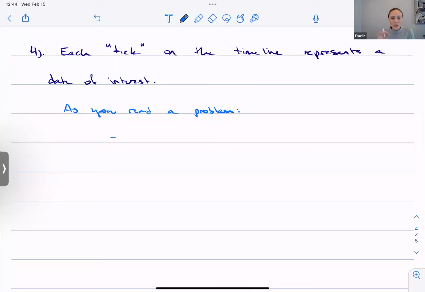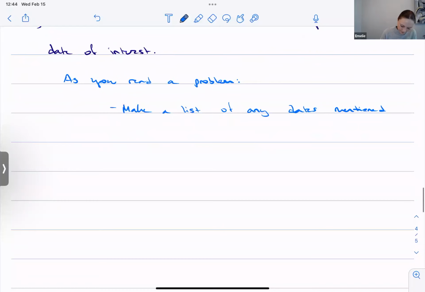jot down, so just quick scrap work. Make a list of all the dates mentioned. Put them in chronological order.